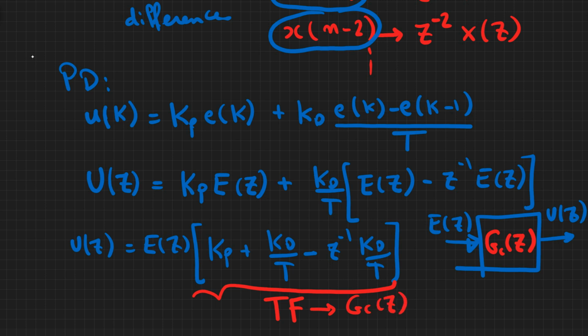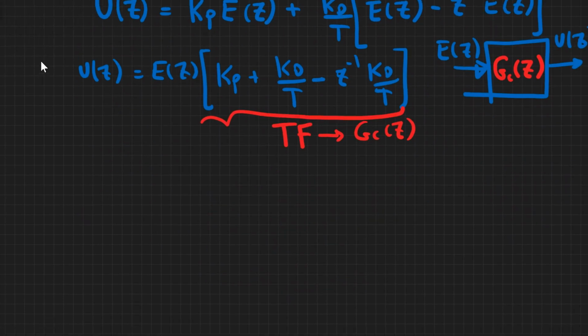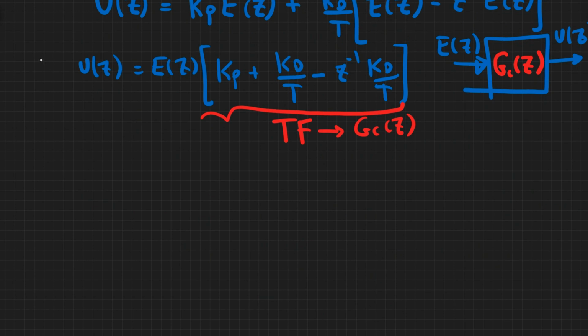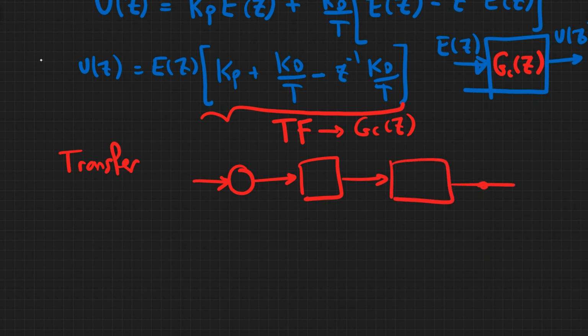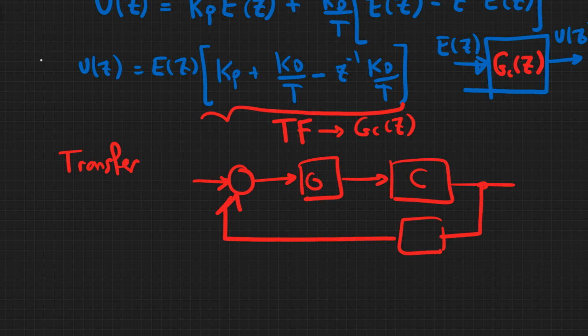So why are we interested in obtaining transfer functions? It's the same reason that we were interested in obtaining transfer functions in the continuous domain, because once we have a transfer function for each block in the system, we have a controller, we have our system, we have our feedback system, and we can even have any other components inside, and all we do is multiply those terms.